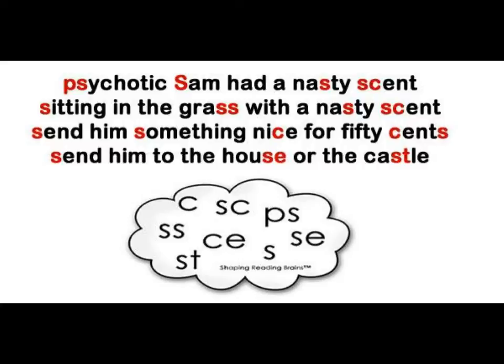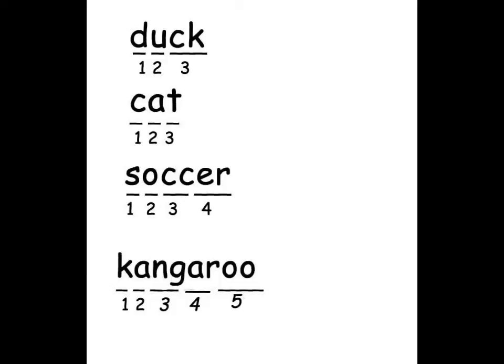So if you have a look at these words that the children will decode as d-k, duck, k-at, cat, sock, soccer. Now this next word shows how actually, depending on our accent, we can have the sound pics in different places.